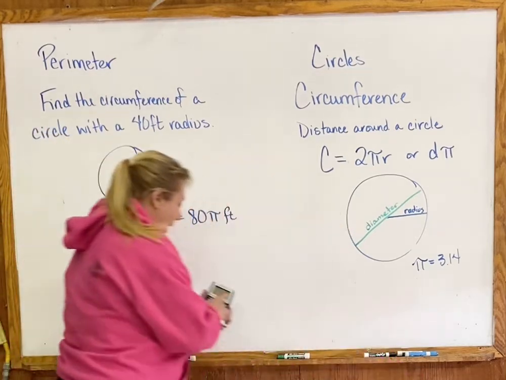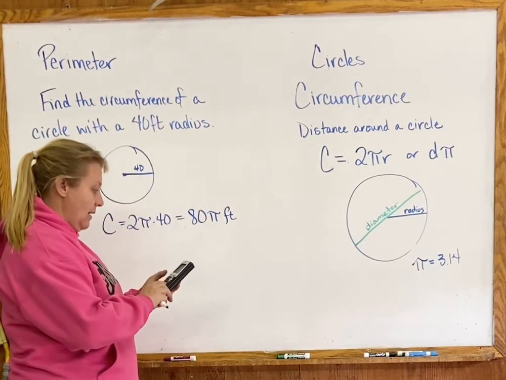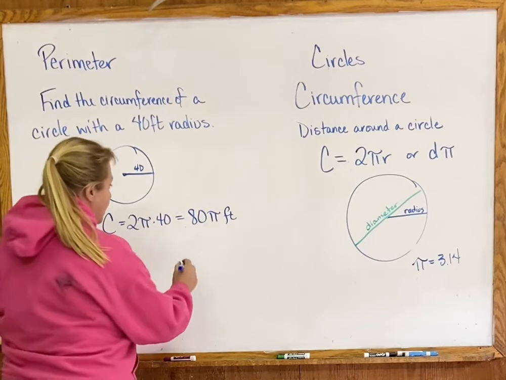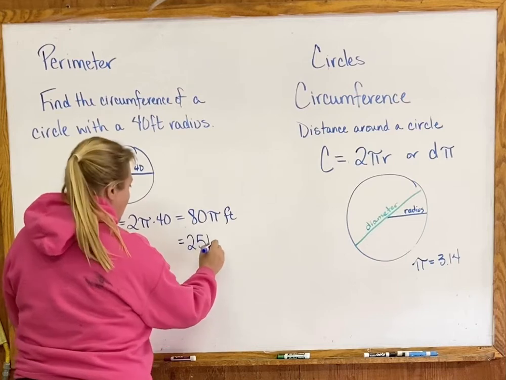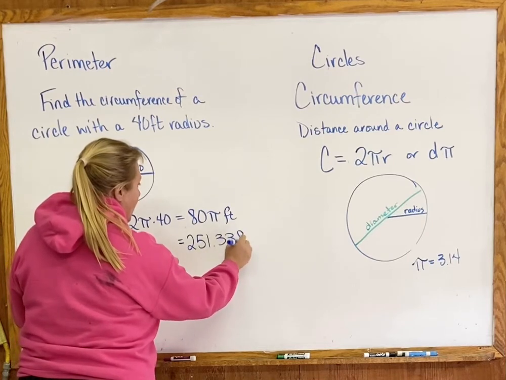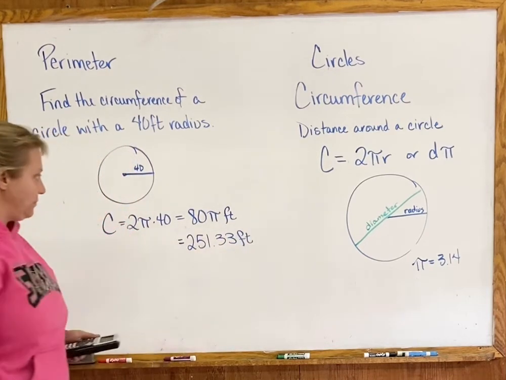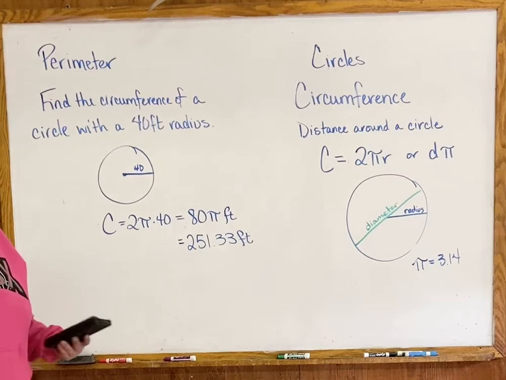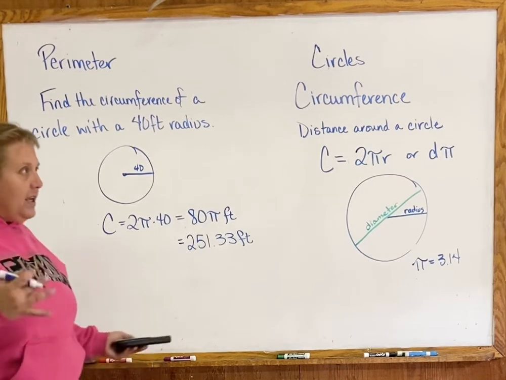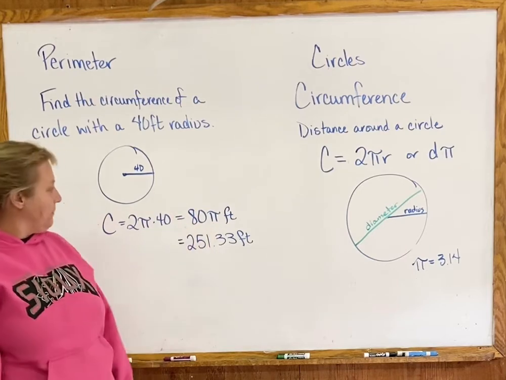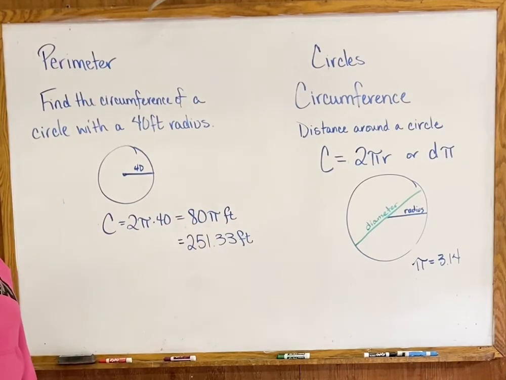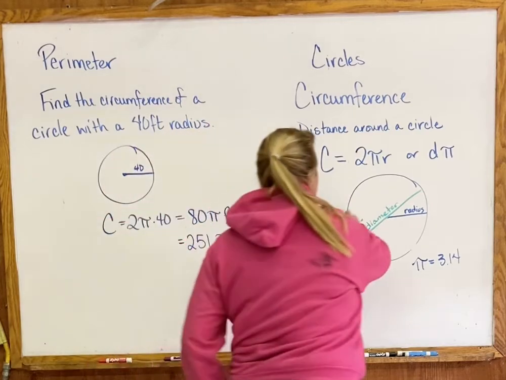So when we go 80 times pi, we get 251.33 feet. And so that's more clear to people in the real world. They don't have to worry about what you're talking about with pi. Okay? All right?